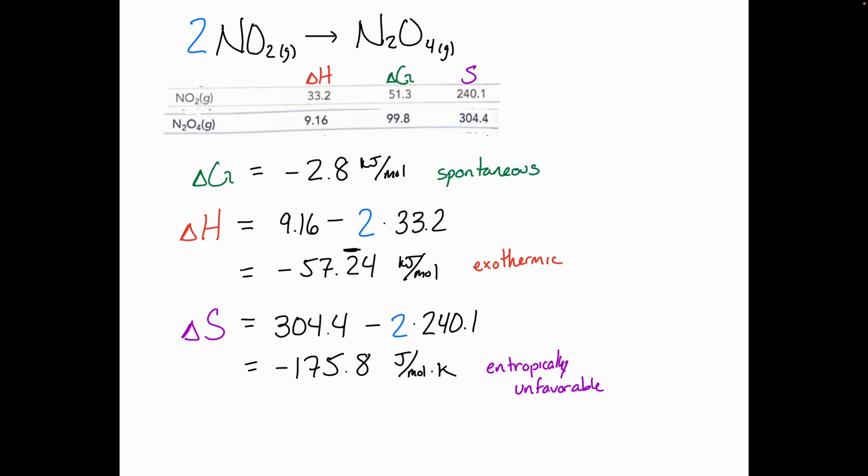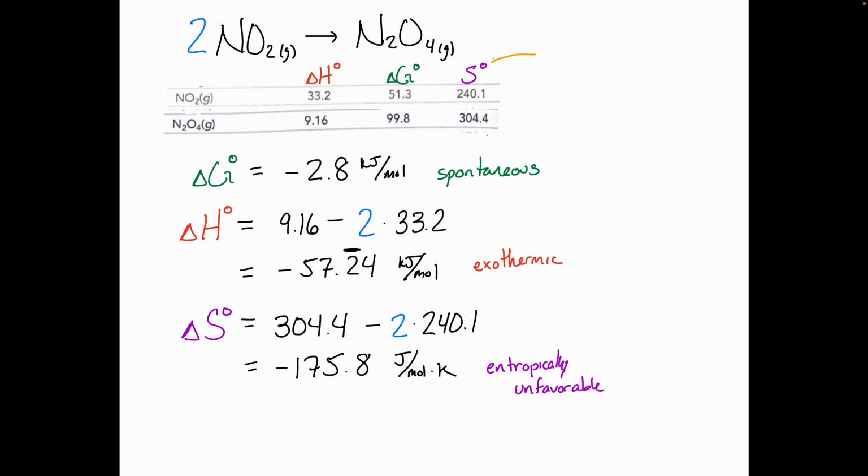What we calculated using our delta H naught, delta G naught, and delta S naught were these standard free energy, enthalpy, and entropy values.